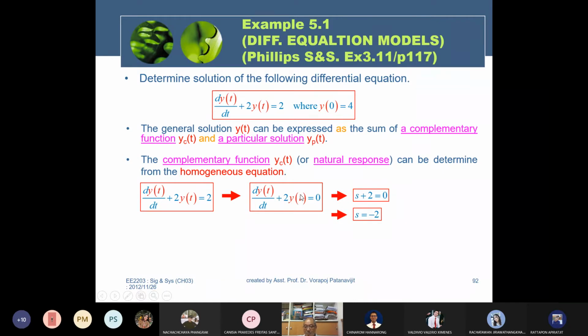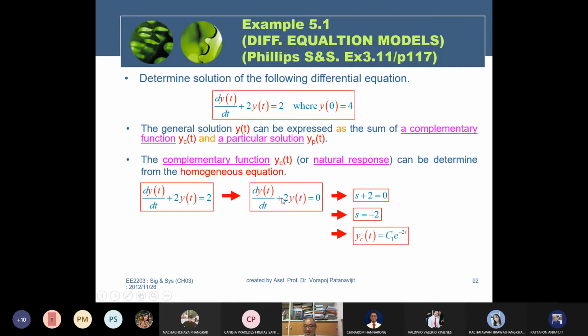If you don't differentiate y(t), it is s to the power 0, and anything to the power 0 gives you 1. Therefore, differentiating y(t) once gives you s, and not differentiating gives you only a constant. The characteristic equation gives you s plus 2, therefore s equals minus 2.